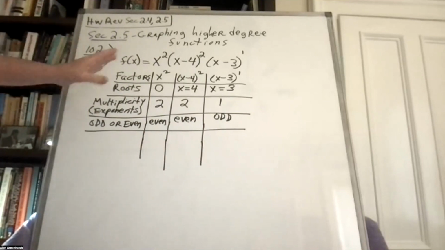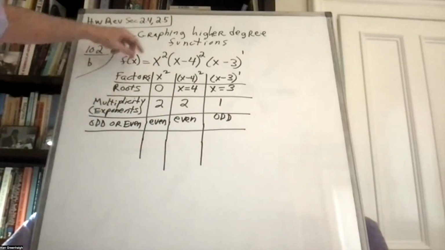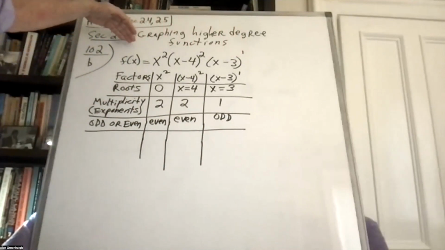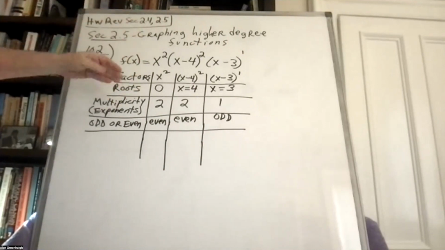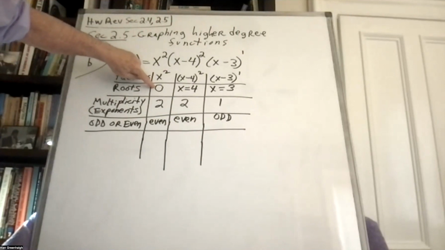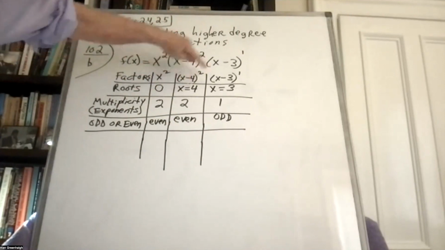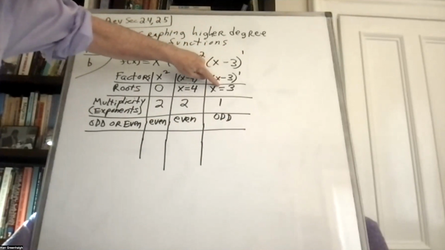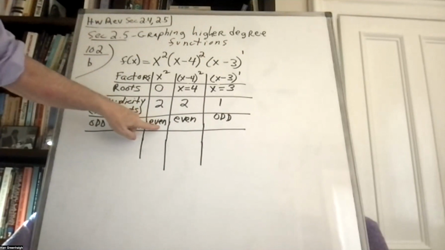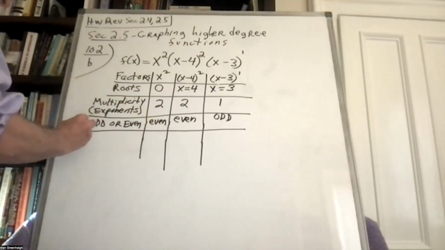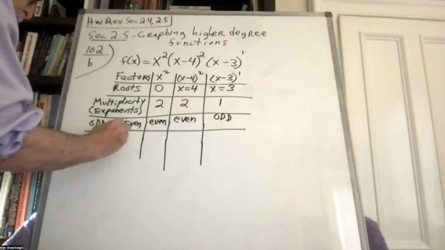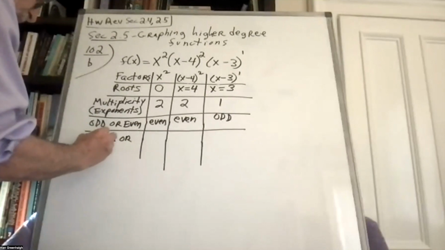So what all this is about is this graph, this very, very complicated function, is going to intersect the x-axis when x is equal to 0, when x is equal to 4, and when x is equal to 3. And when it hits the x-axis, if it's an even exponent, then it's either going to go through the x-axis or it's going to bounce.